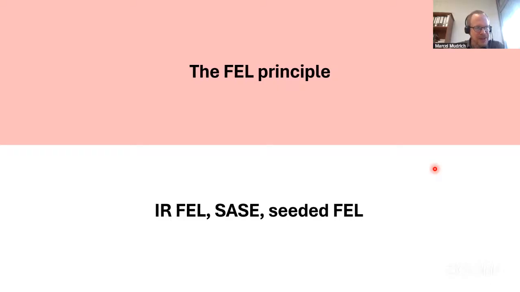And so last weeks and yesterday, we followed the path of the electrons from their birth in the electron gun through the different acceleration stages, storage ring, undulator, to produce undulator radiation, and then we followed the photons along the beam line up to the target.